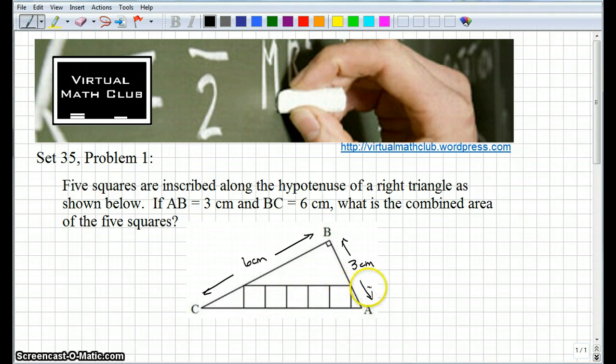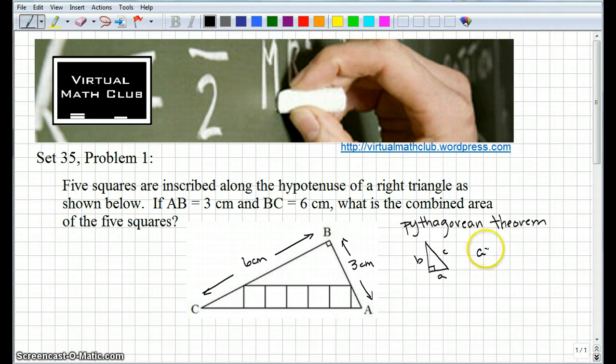Well, let me give you a hint on this one. First of all, you need to know the Pythagorean theorem. That just says that for a right triangle, let me draw an arbitrary right triangle here, a triangle with a 90-degree angle, the sum of the squares of the two legs, let's call them A and B, is equal to the hypotenuse squared.